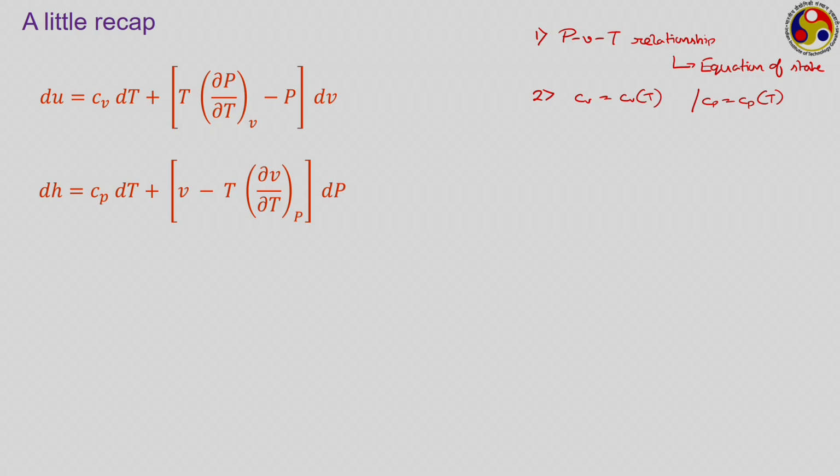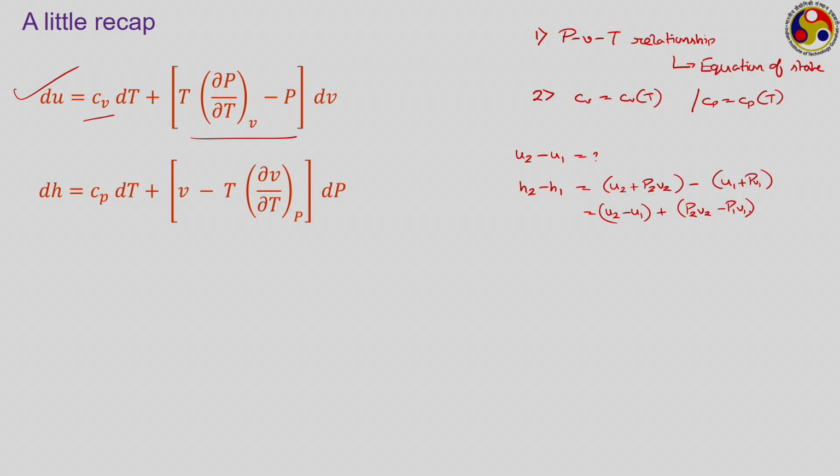Like for a certain problem, if suppose Cv is known to us and we have the PVT relationship, then we can use that to calculate the changes in internal energy, and then once we have this U2 minus U1 known to us, we can easily calculate H2 minus H1 from there, invoking the relationship between U and H, that is H2 is U2 plus P2 V2, H1 is U1 plus P1 V1, that is it becomes U2 minus U1 plus P2 V2 minus P1 V1, that is corresponding flow works for both state 1 and 2.